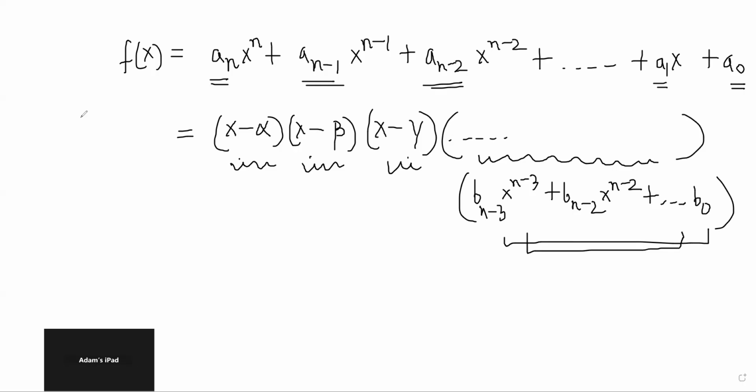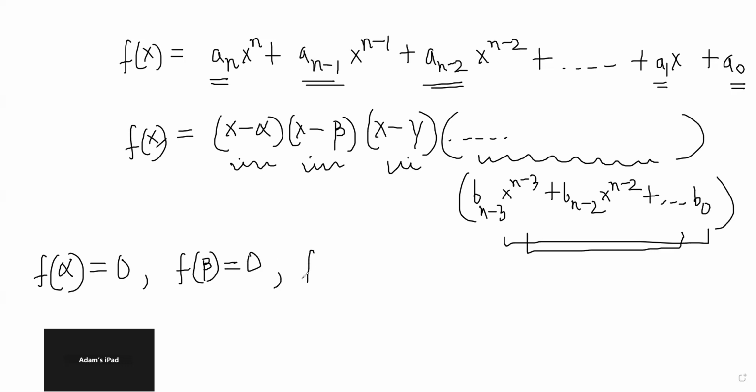If this was my function, it is obvious that if you put alpha into the function, what is the value of f of alpha? 0. What is the value of f of beta? 0. What is the value of f of gamma? 0. Because these factors are becoming zero, right? So that proves my factor theorem, correct?